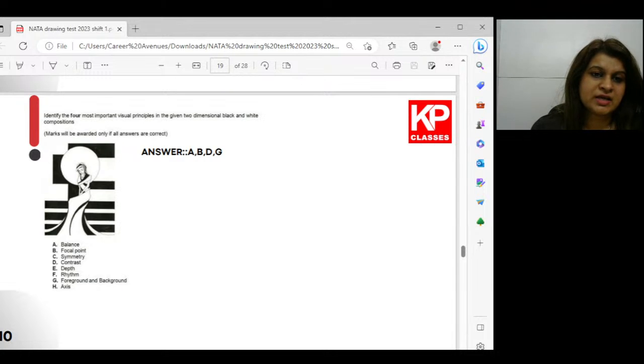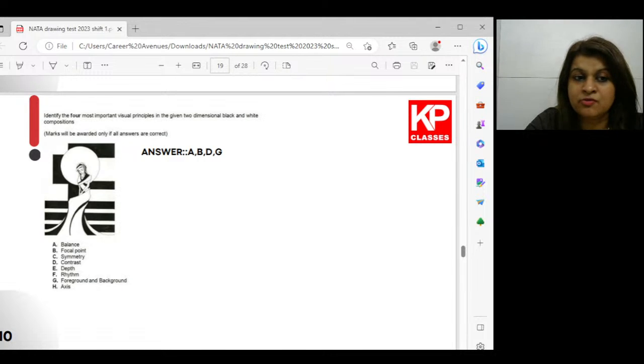So the answer is A, B, D, G. First is balance. Now I won't say that there is a symmetrical balance over here. There's more of an asymmetrical balance. If I divide my image vertically into two halves, then I see that the visual weight is somewhat similar, but it's not identical, right? And that's why it makes this particular image an asymmetrically balanced image.